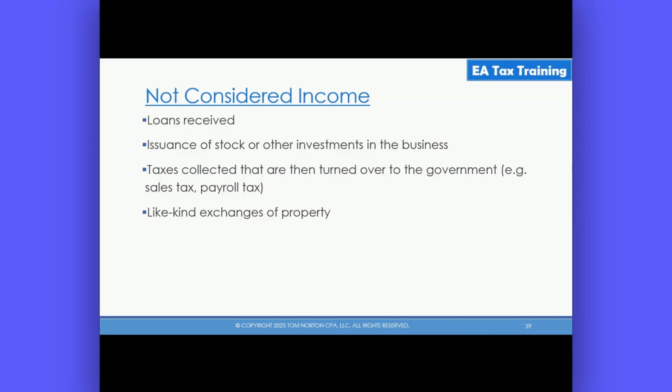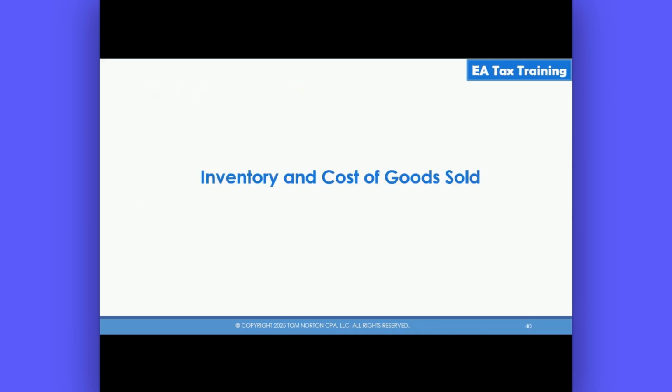When you receive it, it's not actually yours. It belongs to the government. You're just collecting it on their behalf. So it is a liability until you turn it over to the government, in which case the liability goes away. And then finally, like kind exchanges of property. If you'll remember, we talked about these in part one. If you have one of those within a business, it is not considered income.